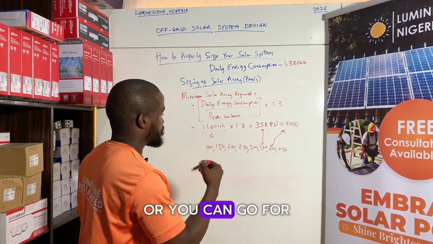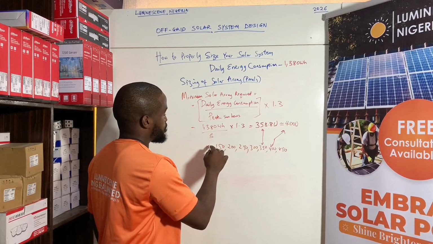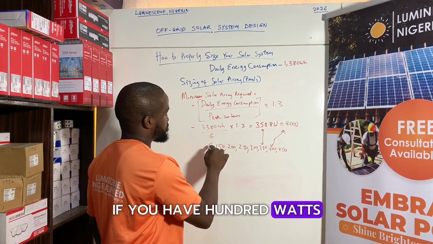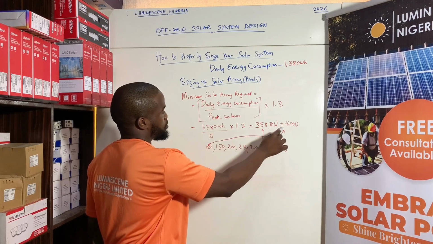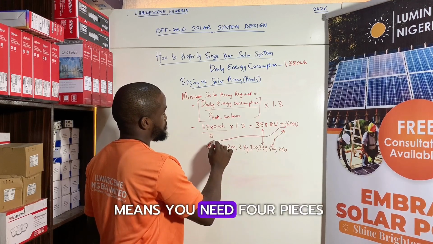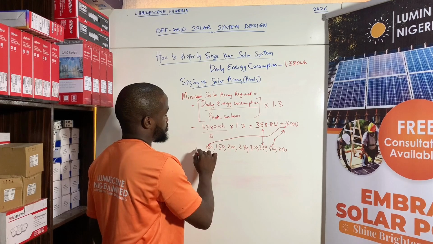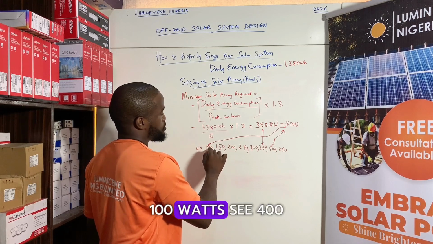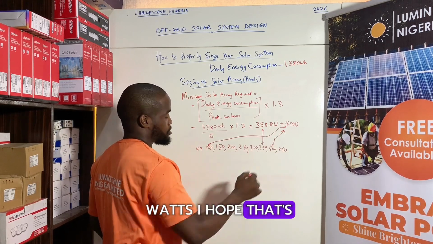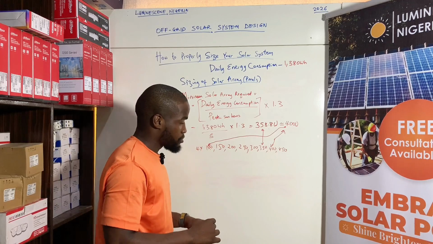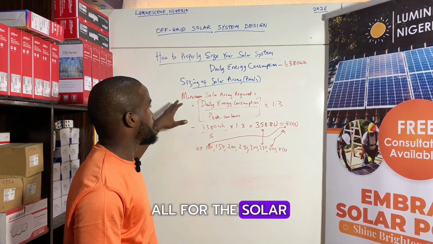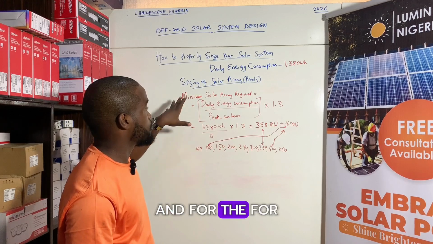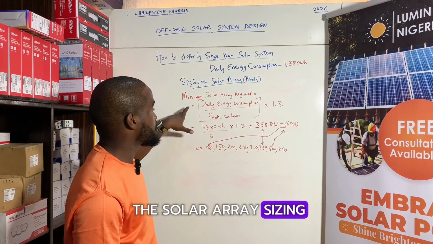Or if you have 100-watt panels, for 400 watts, it means you need 4 pieces. 100 watts, see, 400 watts. I hope that's settled. So that will be all for the solar array panels and the solar array sizing.